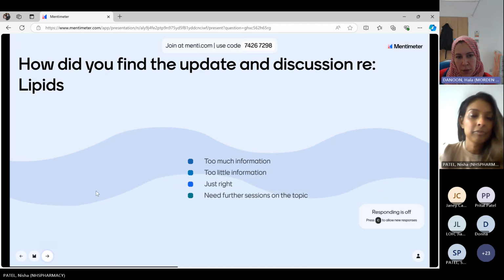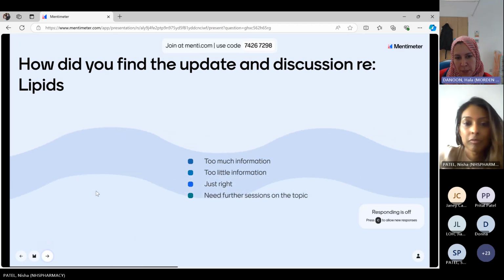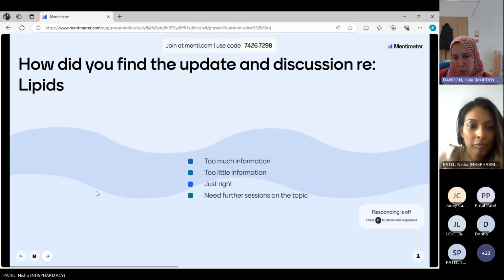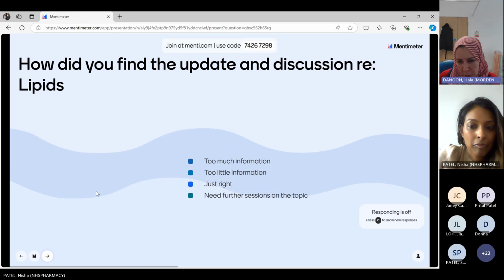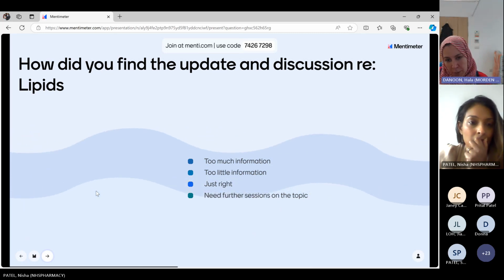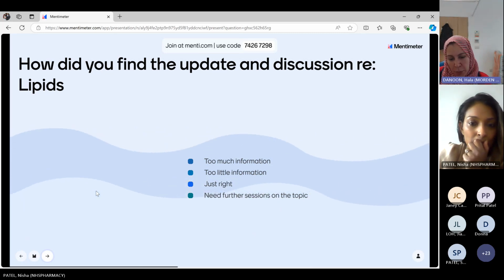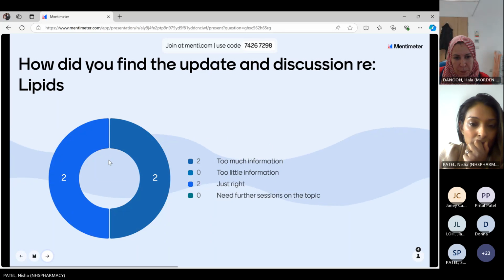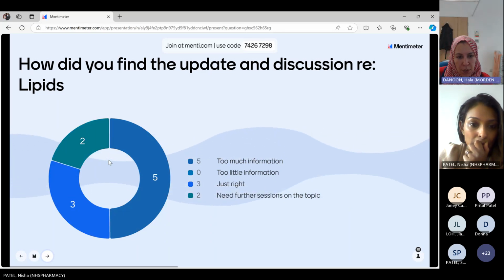And how did you find the update and discussion on lipids? If you can choose one of the answers, that'd be great, so we understand for next time and we can tailor the type of information that you need. So some of you said it's too much information, just right, or need further sessions on the topics. It is a heavy topic.